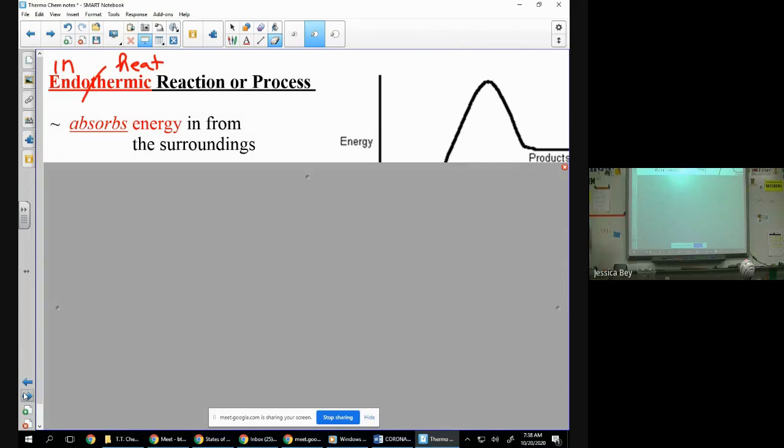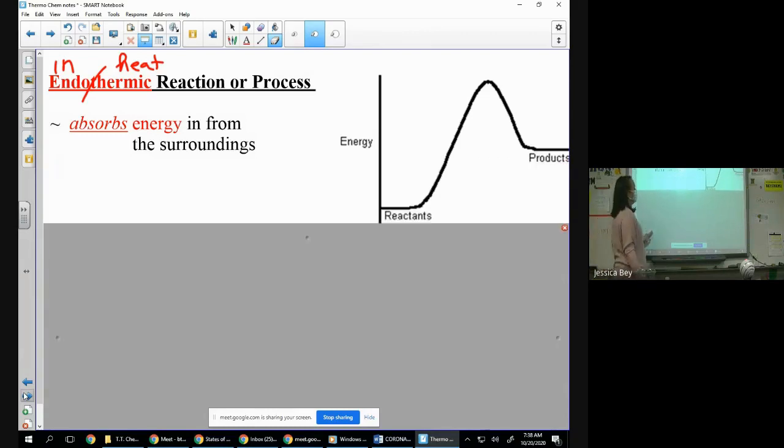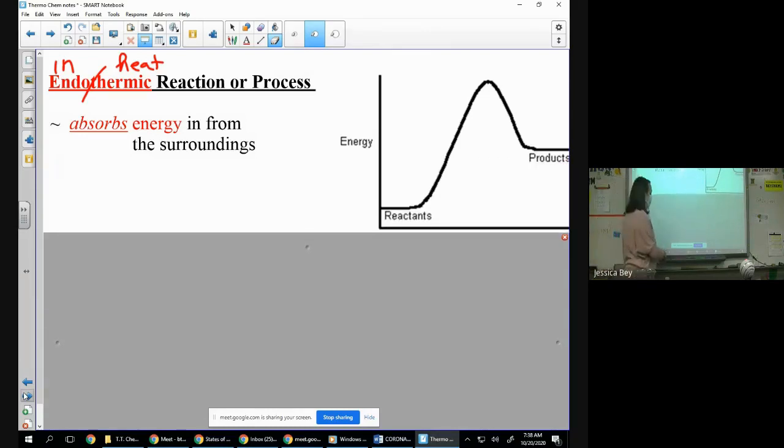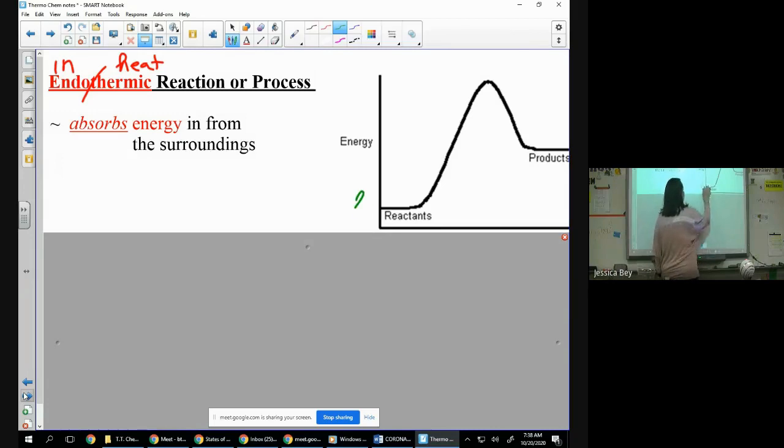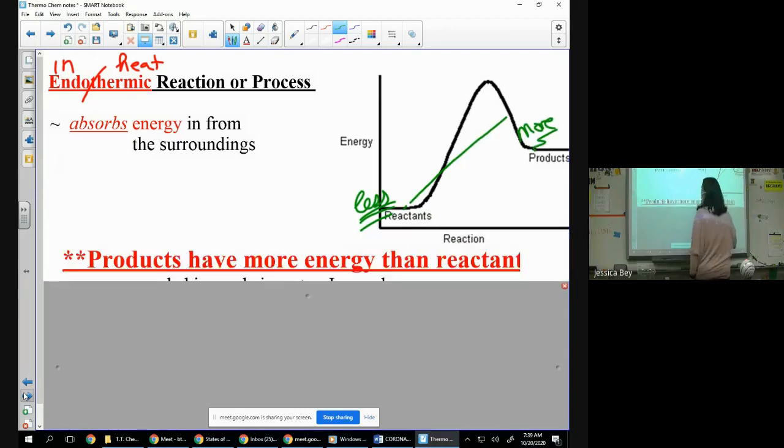All right. Now, looking at our little graph over here, that means at the beginning you have less energy and you gain energy over time and you have more energy inside of your bonds. Now I'm talking about inside of the actual chemicals.